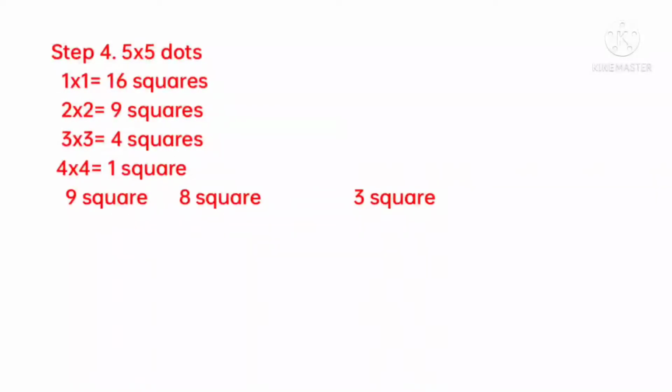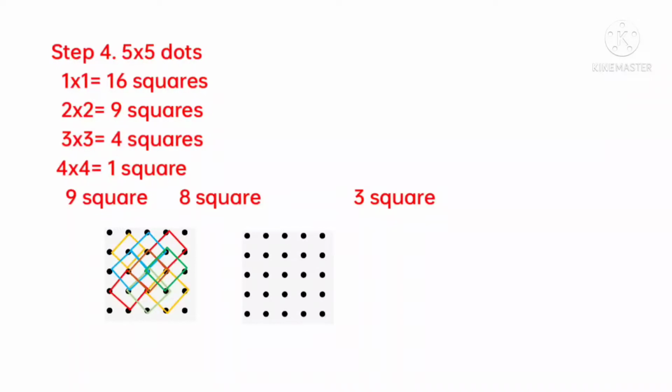So, yung 1 by 1 is 16, 2 by 2 is 9, 3 by 3 is 4, and 4 by 4 is 1. So, eto yung tatlong hindi pa natin alam yung size ng square. Una, sa 9 squares: 1, 2, 3, 4, 5, 6, 7, 8, 9. May 9 na square. Next is, may 8 squares na magkaiba din ang size nito: 1, 2, 3, 4, 5, 6, 7, 8.